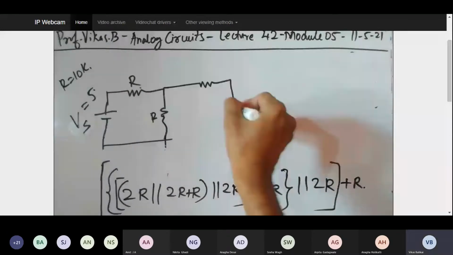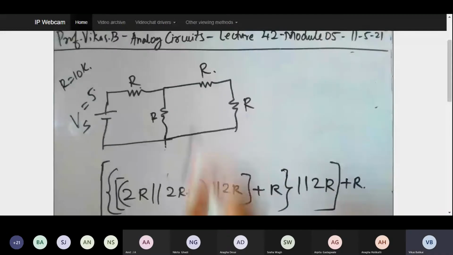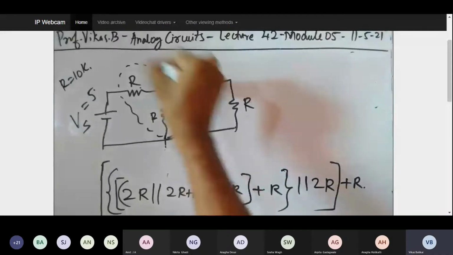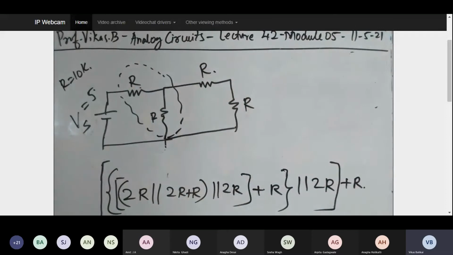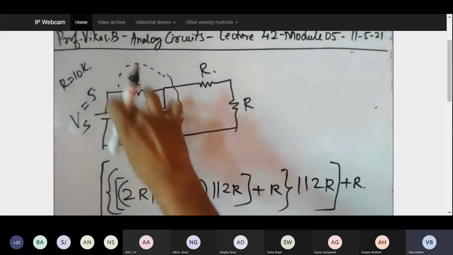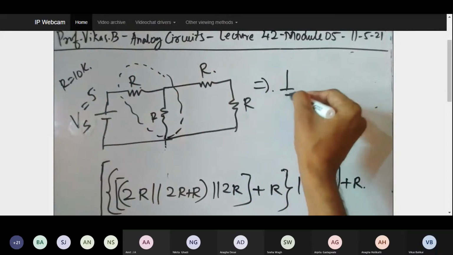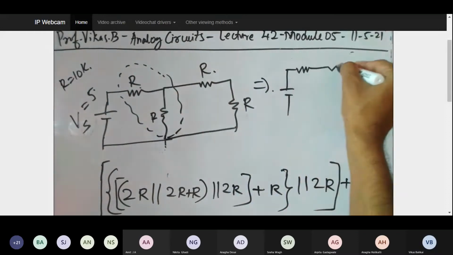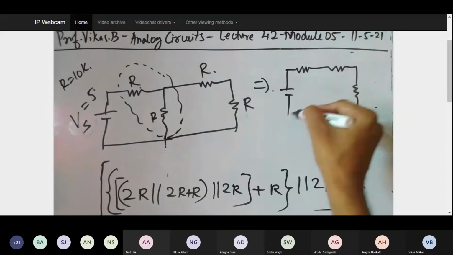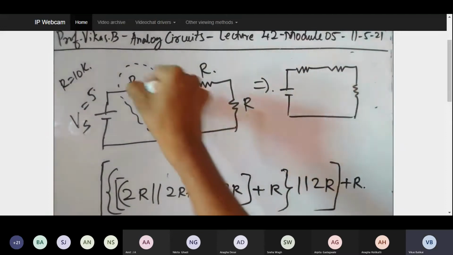Now I have already calculated the things over here. So what was the resulting thing over here? I have already obtained the equation for RTH. So now next, R and R in parallel.